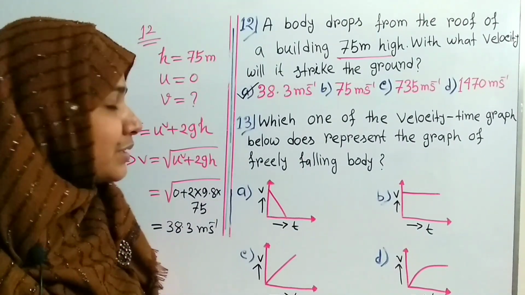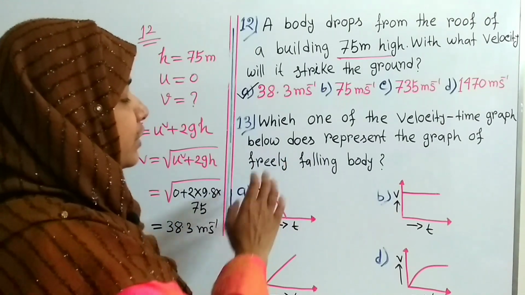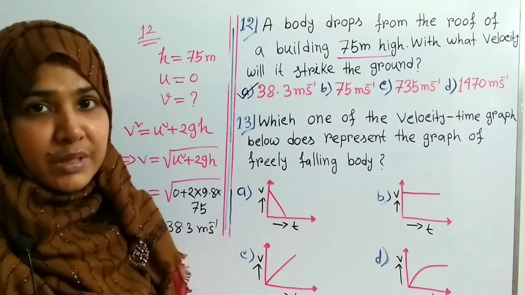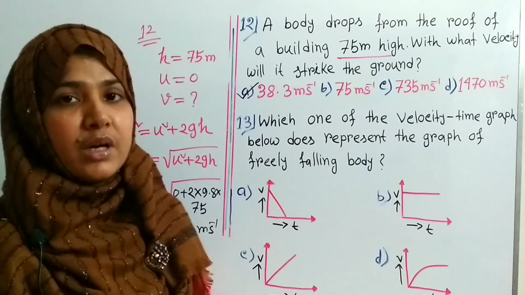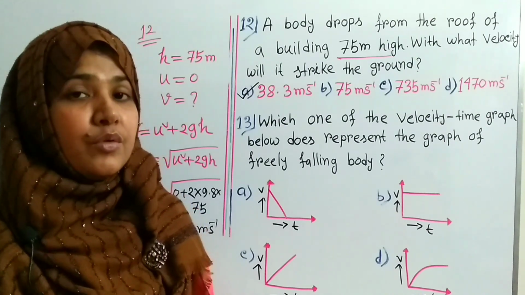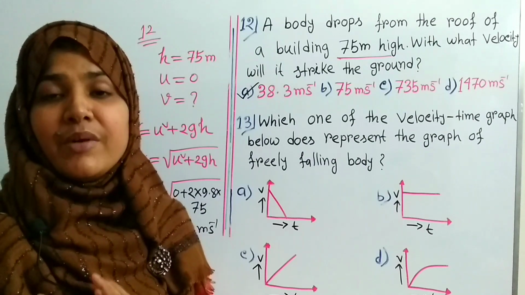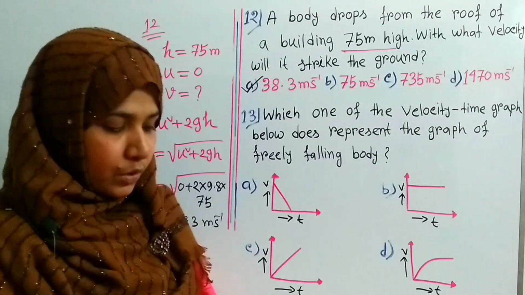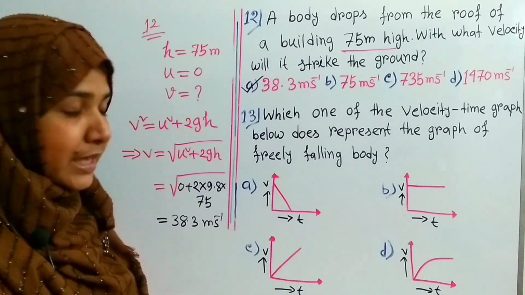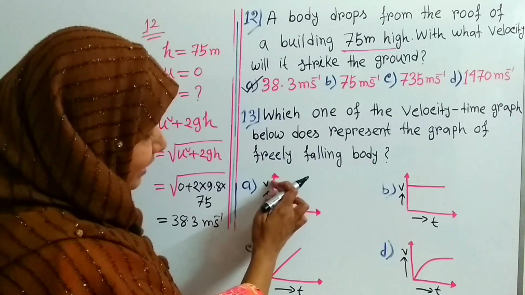Now question number 13. Here you can see that they say, which one of the velocity time graphs below represents the graph of a freely falling body? So freely falling body means with the increase of time the velocity of that object will increase. Now if you see option A, then you can observe that with the time the velocity of the object is decreasing.